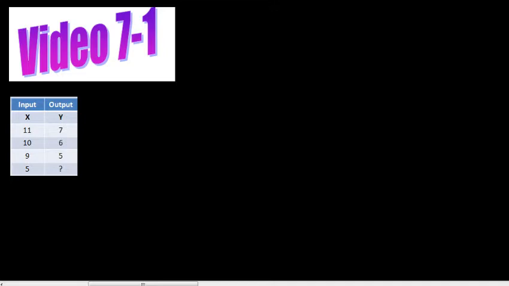I'm here to teach you today about tables and looking at the input and output of a table. I know you have seen tables before, but we're going to look at it a little bit differently today, okay? And I'm going to show you a different outlook on it. So here is the input, and here is the output column, okay?